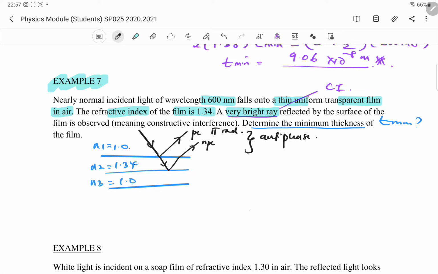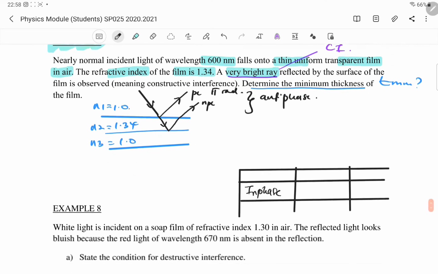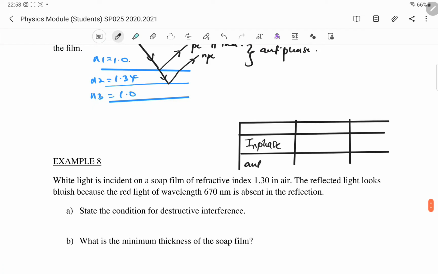So ingat balik table kita. Ini in phase, ini adalah anti-phase. Constructive interference, destructive interference.